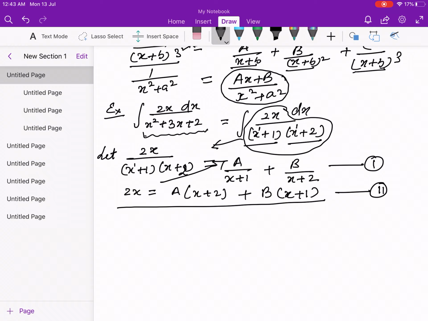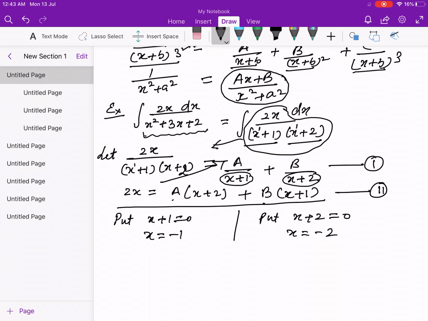Now to get the values of a and b, put x plus 1 equal to 0 as well as x plus 2 equal to 0. So put x plus 1 equal to 0 and put x plus 2 equal to 0. So x equals minus 1 and here x equals minus 2.